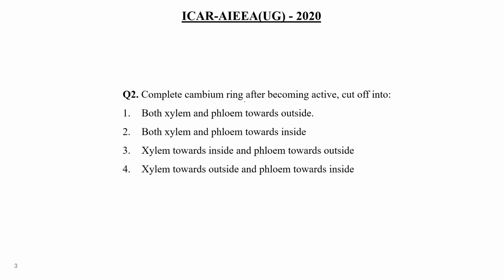Next question: complete cambium ring. A complete cambium ring, after becoming active, cuts off both xylem and phloem towards the outside, both xylem and phloem towards the inside, xylem towards the inside and phloem towards the outside, or xylem towards the outside and phloem towards the inside. It separates out xylem and phloem, obviously, but they want to know the position or location of xylem and phloem.